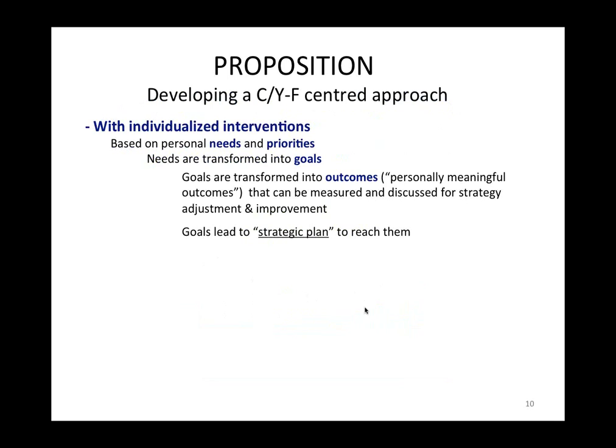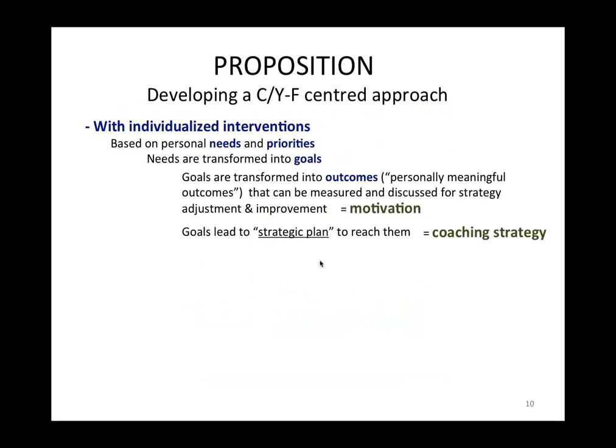They can be measured with a system of scaling and discussed over time for strategy adjustment and improvement. In a simple way, it's a kind of continuous quality improvement, but at individual level. And the goals also lead to a strategic plan, which is how can we get organized using our community to reach the outcomes we wish to reach at the end.